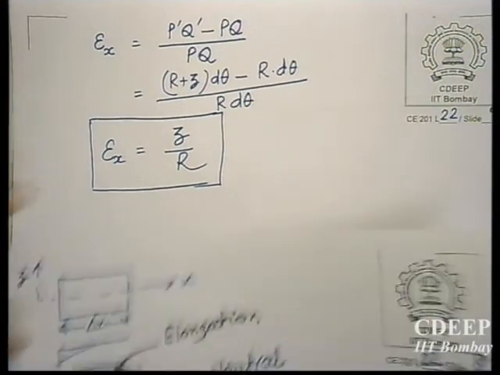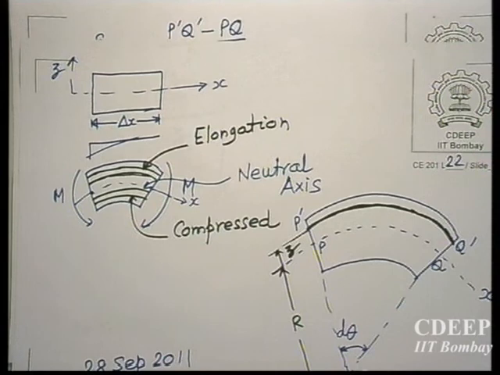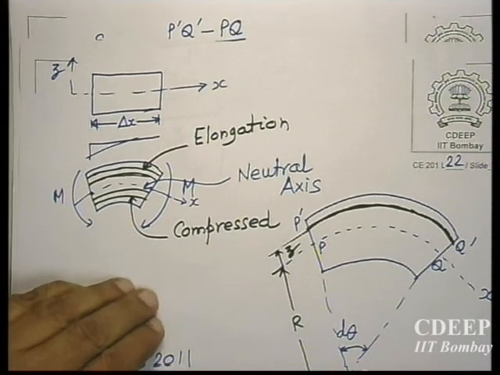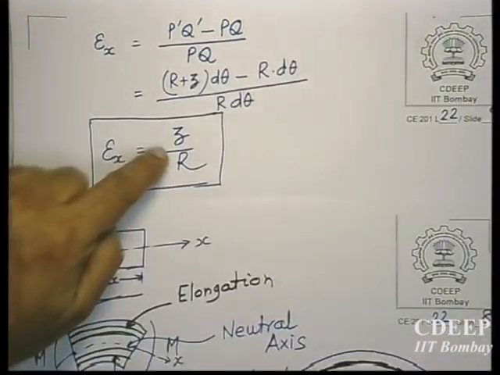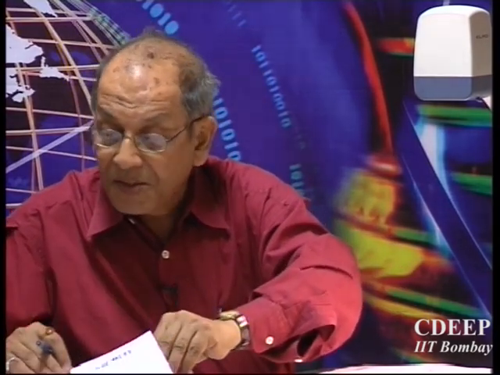Z by R, where Z is the distance from the neutral axis of any point P. So the longitudinal strain over there is Z by R, of course, if we know R, the radius which this small element has formed into.